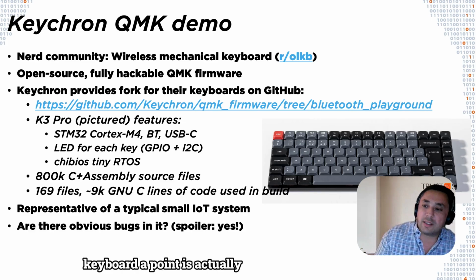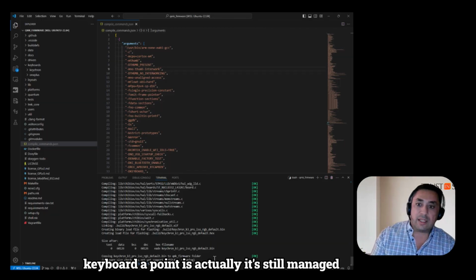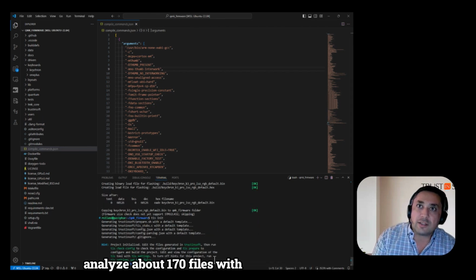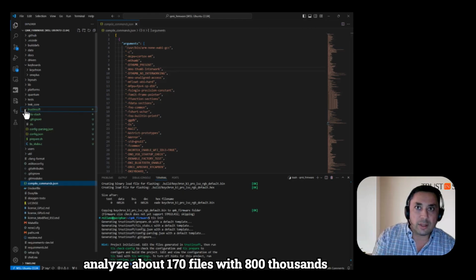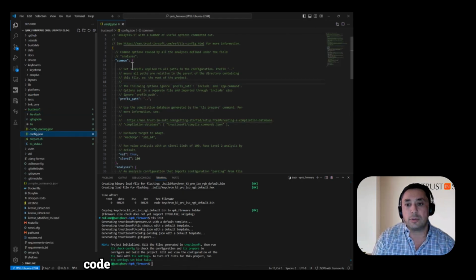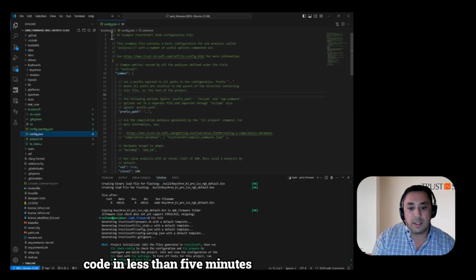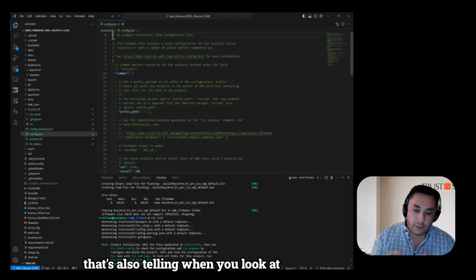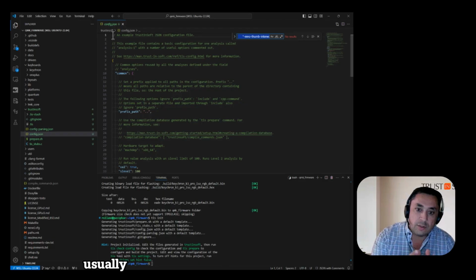The point is it still managed to analyze about 170 files with 800,000 lines of code in less than 5 minutes. And that's something that's also telling when you look at formal tools. Usually you don't scale.